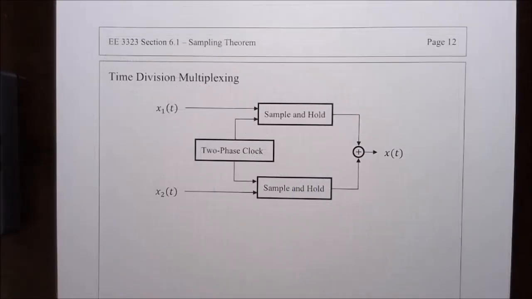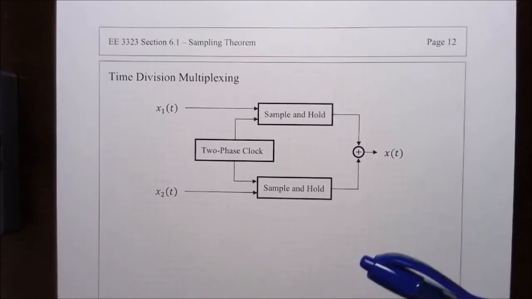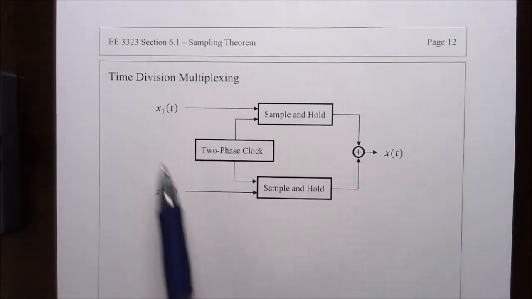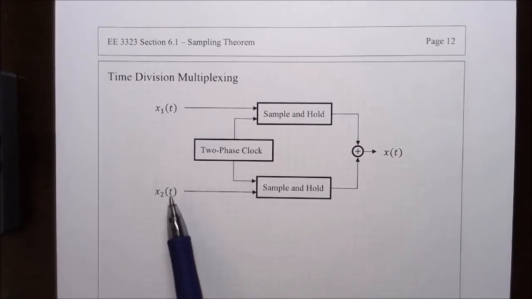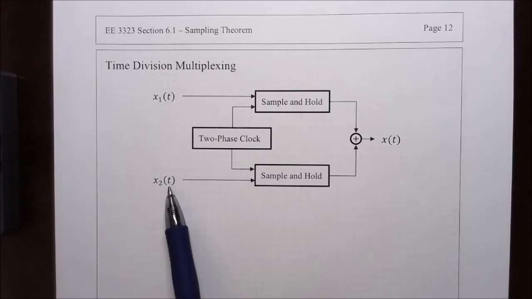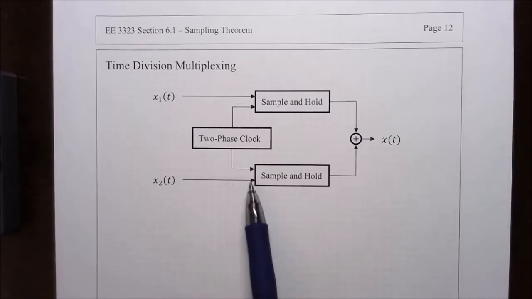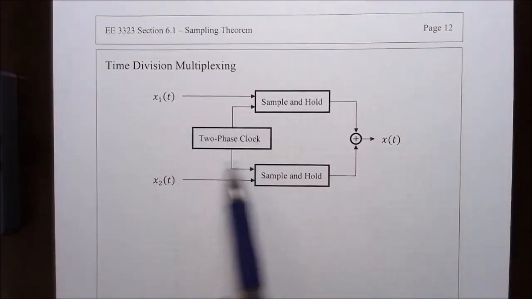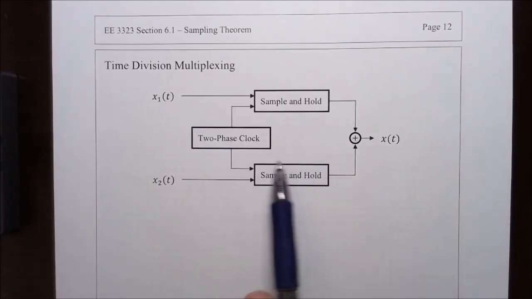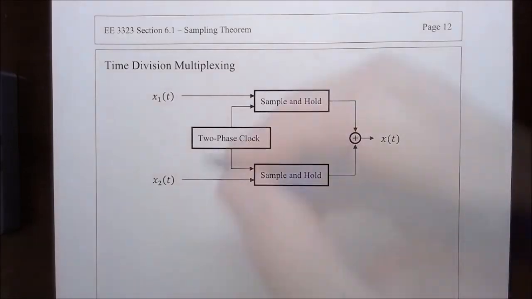Sampling a signal also gives us an opportunity to use a common channel and transmit more than one signal using time division multiplexing. I've reduced it down to two input signals, X1 and X2, and we can apply each of these input signals, message signals, to a sample and hold circuit, and have the sample and hold circuits controlled by a two-phase clock.